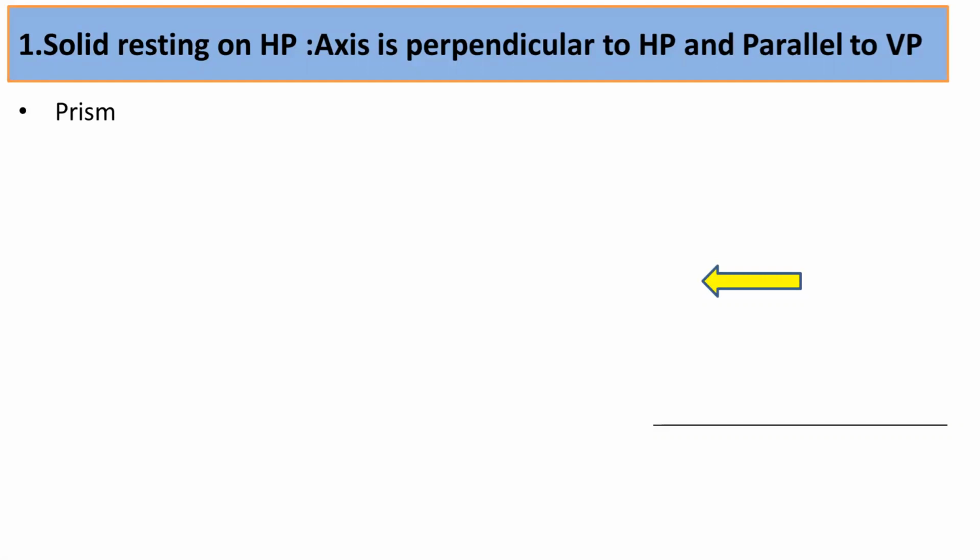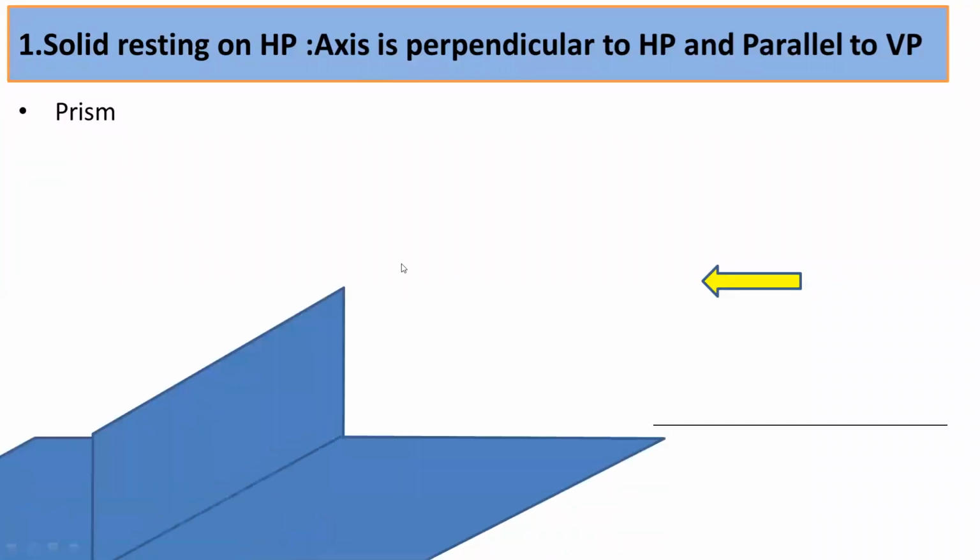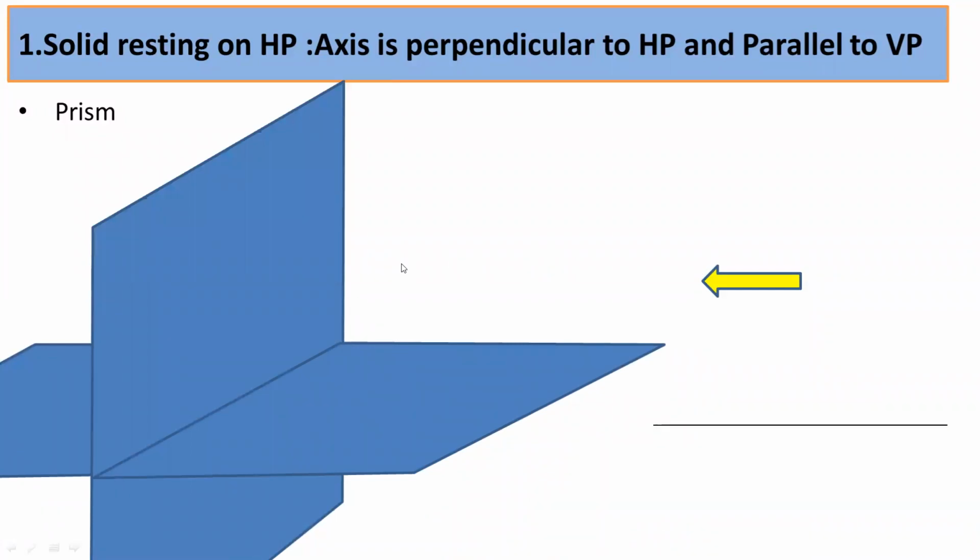Okay, so now we will start with the actual projection of the solid. We will assume all the solids are lying in the first quadrant only. Okay, so the first projection is a solid resting on the HP, with its axis perpendicular to the HP and parallel to the VP. Okay, so we will select the first quadrant.